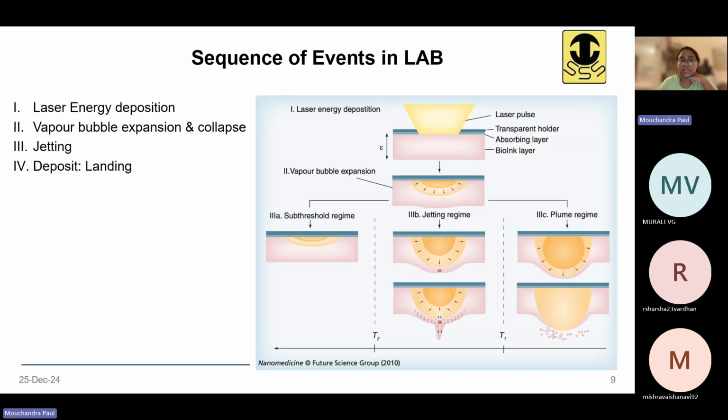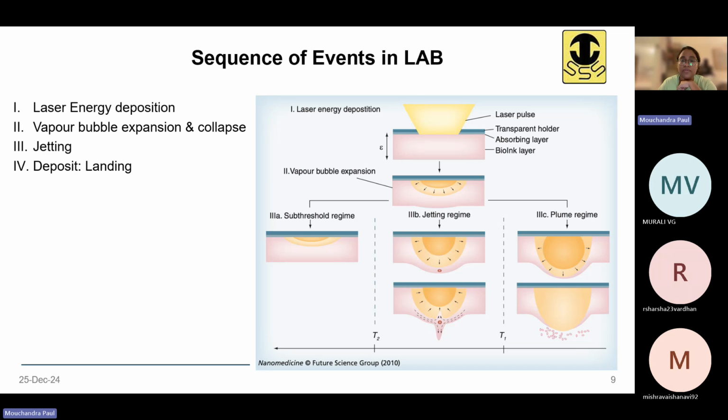So if this is the initial vapor bubble, let me expand a bit, h can be termed as the distance between here and here. This will be h. And R max is the maximum radius that the vapor bubble can reach.